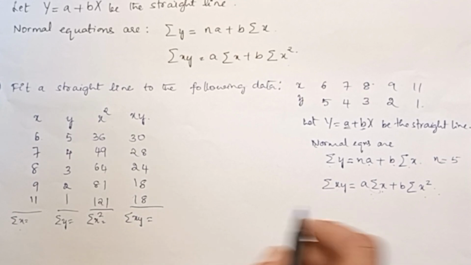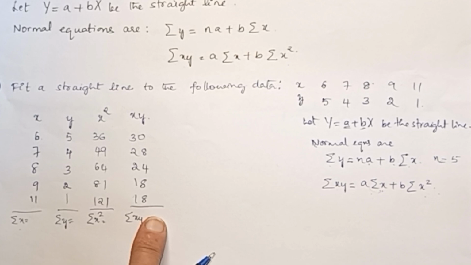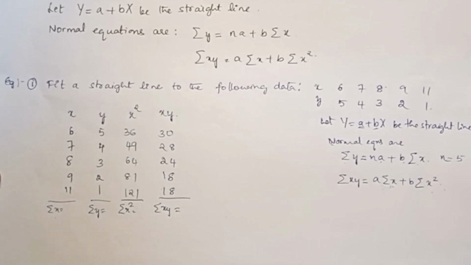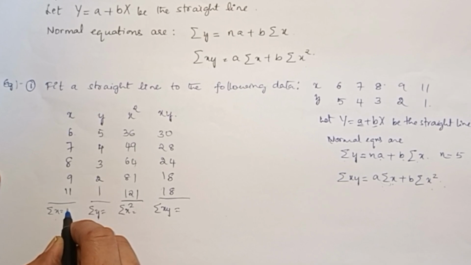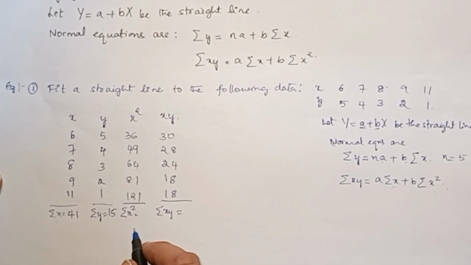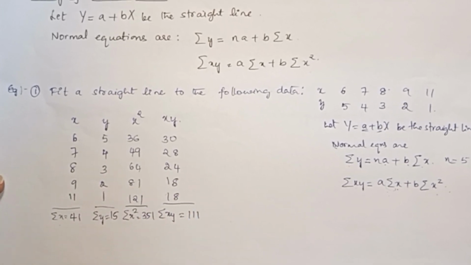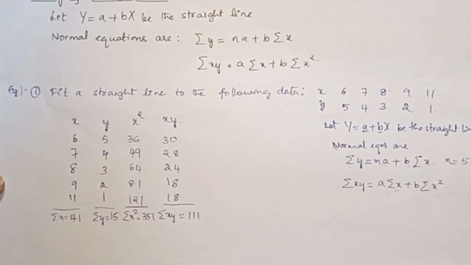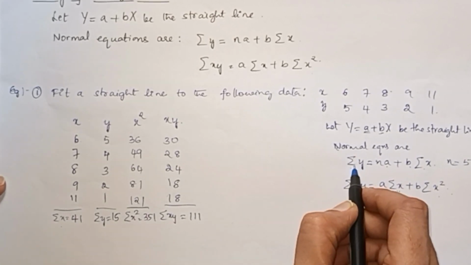Okay. Now let us take all sums here by adding all the values. That comes out to be 41. This is 15 and this is 351 and this is 111. Now let us substitute all these in the normal equation. So summation of y, where is it?